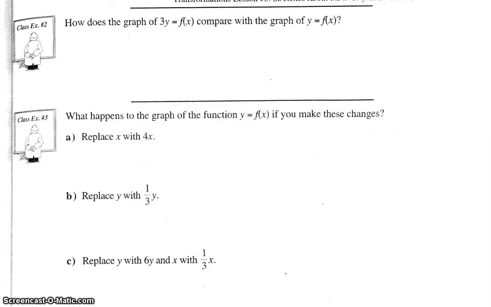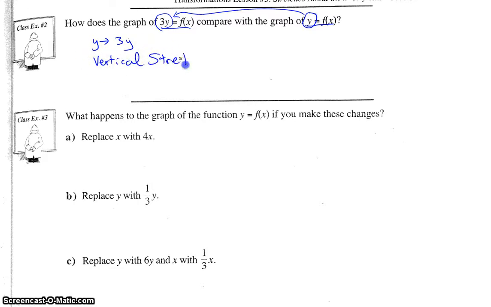Example number 2. How does the graph of 3y equals f of x compare with the graph of y equals f of x? Well, let's compare the two. We started with this, and now we have 3y equals f of x. Essentially, y was replaced with 3y. So if y is replaced with 3y, that sounds like a vertical stretch, because it's y, and we're multiplying by 3.